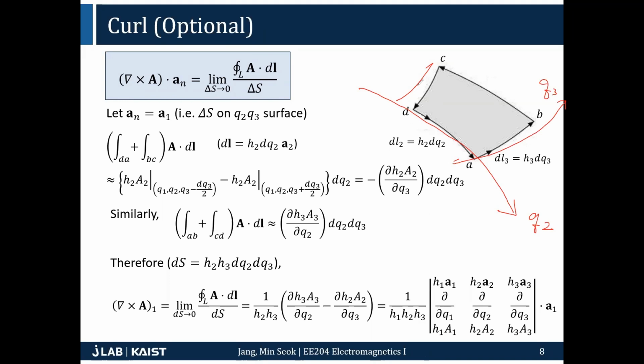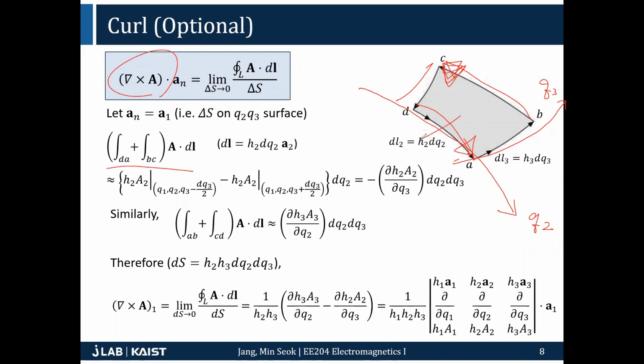And then if you want to evaluate the A1 component of a curl, you need to perform the line integration, like path integration, for the closed loop. And here also, we're simply going to do two line segments, which are DA and BC.